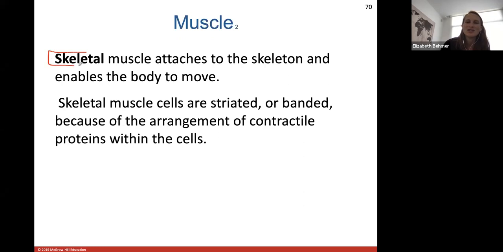Skeletal muscle attaches to the skeleton to enable the body to move. So for example, your biceps brachii on the front side of your humerus helps you lift up your drink. Those are your skeletal muscles. They are striated, meaning they appear to have bands or stripes because of the arrangement of the contractile proteins within their muscle cells.